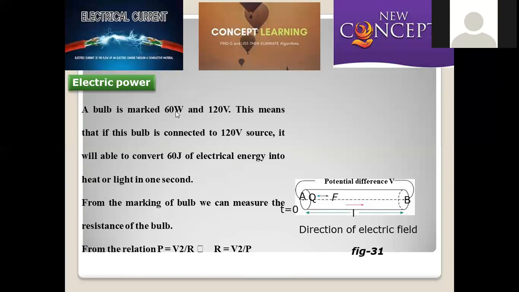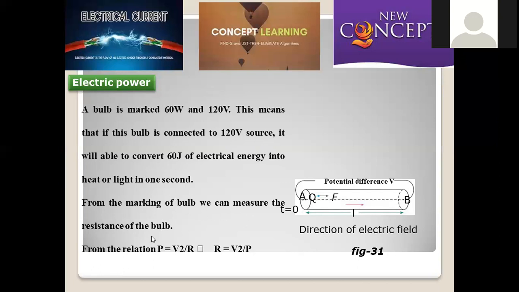We are taking a bulb with the capacity of 60 watts and 120 volts. This means that the bulb is connected to a 120 volt source and it is able to convert 60 joules of electrical energy into light energy within 1 second.